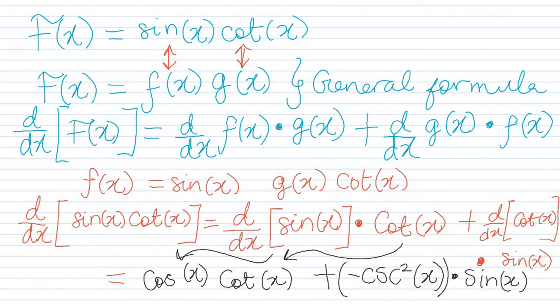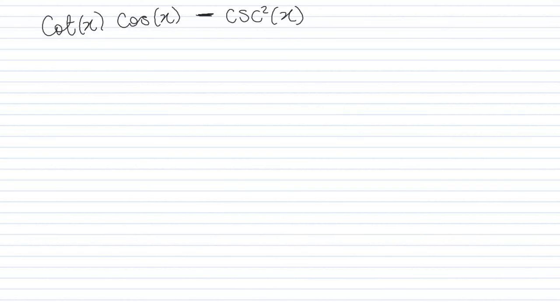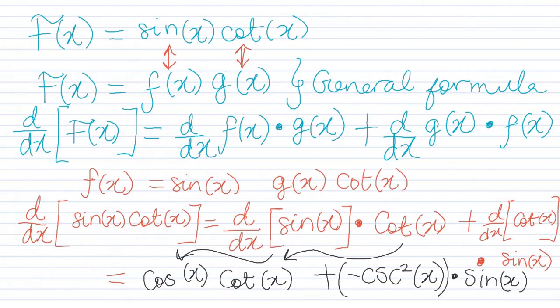Now, let's go to the next page. We're just going to rewrite what we had before. We have cotangent x, right? Cosine x minus cosecant square x sin x. Now, let me show you something I did. You see you have a positive sign here in this place, and you have a negative sign.